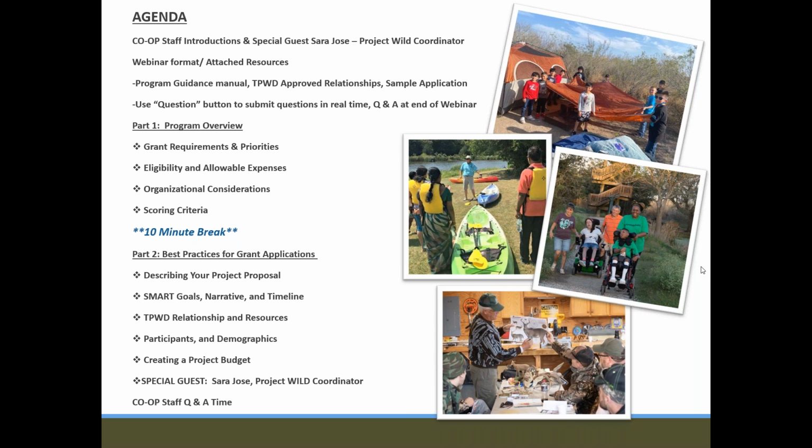We're also going to talk about organizational capacity, things you should consider before you apply. Basically, do you have the capacity to manage this grant from start to finish? There's no match for the grant, but there certainly is some time match required. And then lastly, for the first half of the day, we'll be talking about how grant applications are scored. This determines who ultimately receives a grant award.